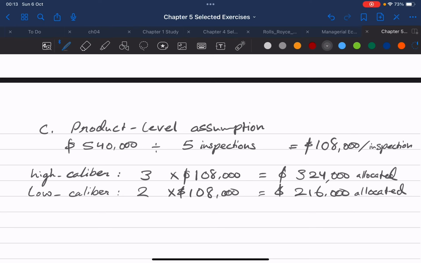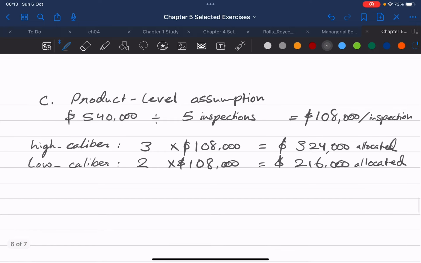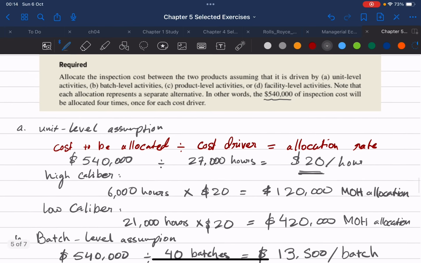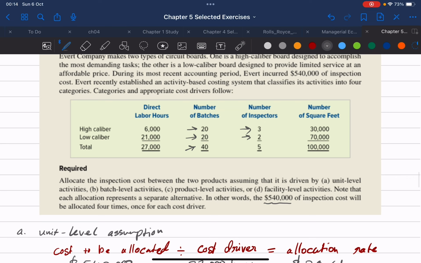All right. And then finally, D, the fourth assumption, which is facility level assumption. Okay, again, the same amount, $540,000. This time divided by, let's see, our cost driver. Our cost driver this time is number of square feet.